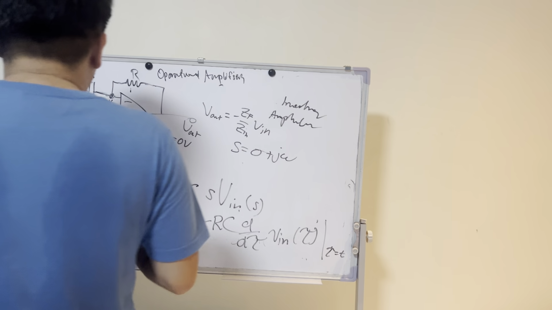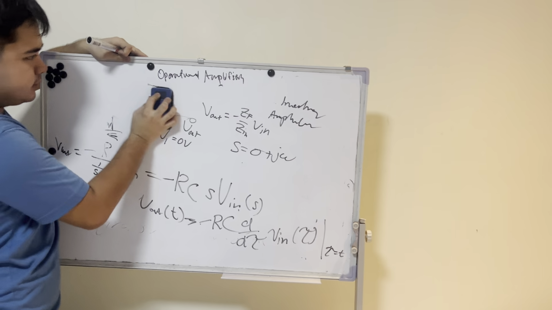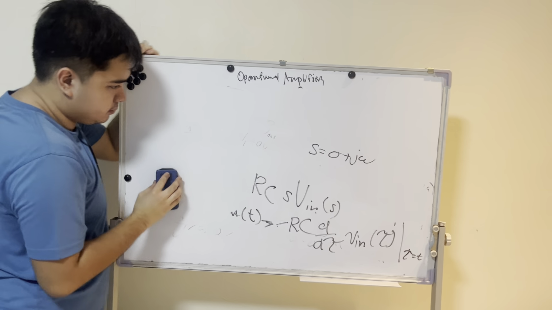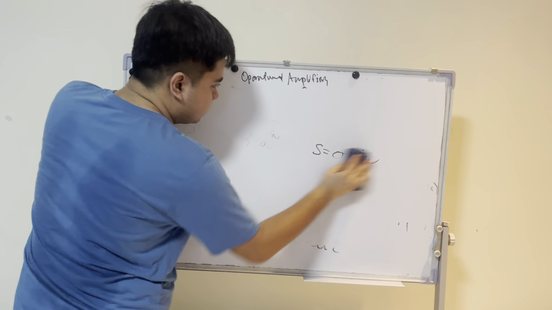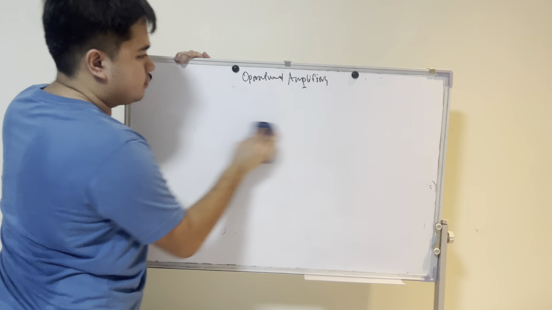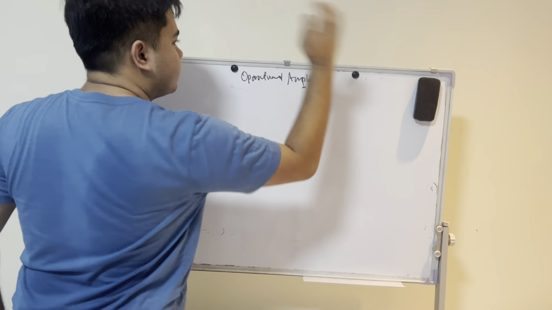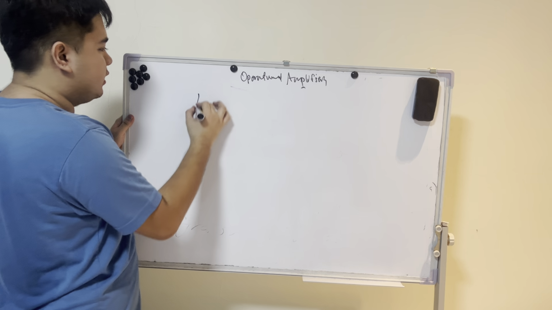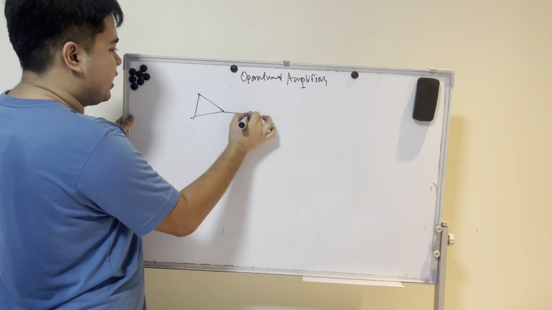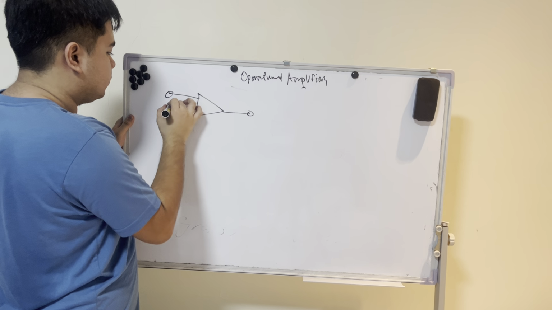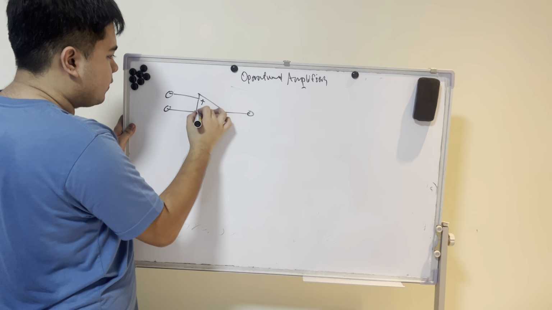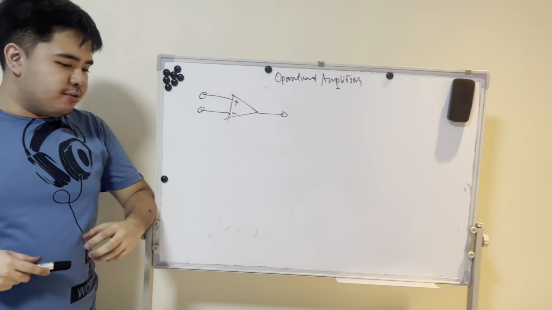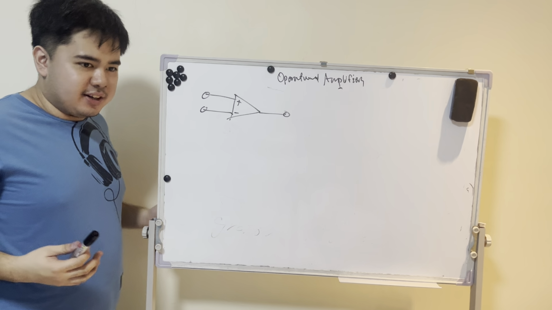Let's now go back to the real world. So let's talk about how an actual op amp will behave. An actual op amp does not have infinite gain.